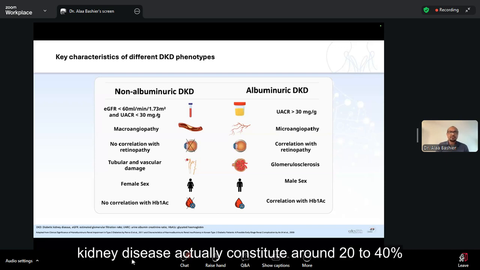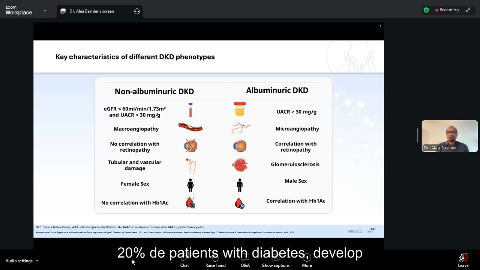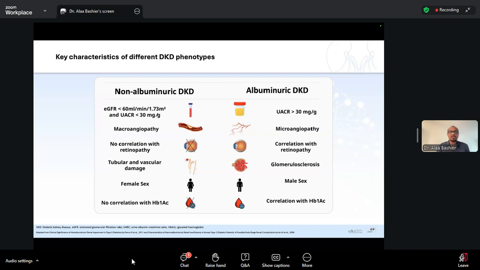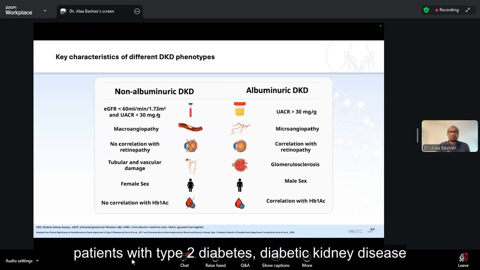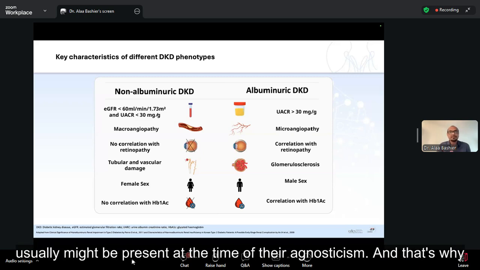Having said that, around 20 to 40% of patients with diabetes ultimately develop chronic kidney disease. In patients with type 1, it usually develops 5 to 15 years after diagnosis, and it's usually related to diabetic retinopathy, whereas in patients with type 2 diabetes, diabetic kidney disease might be present at the time of diagnosis.